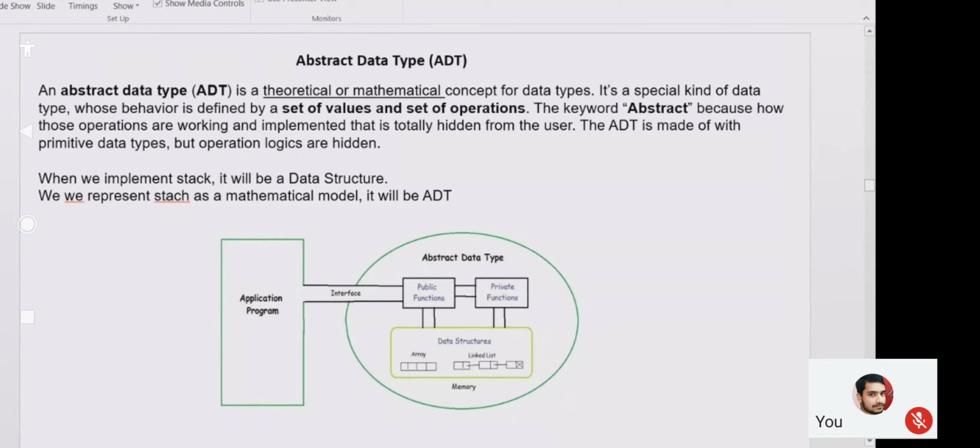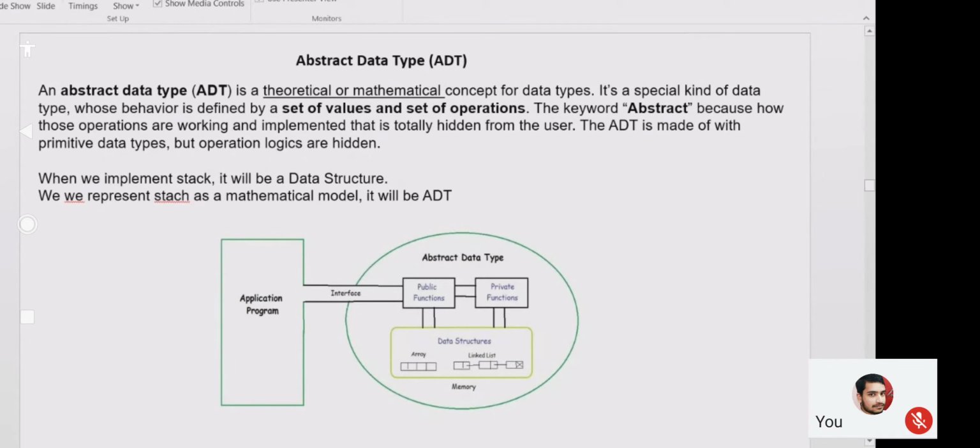So if a stack is implemented using an array, the operations push, pop, display, peep can all be implemented using an array, or they can be implemented using a linked list also. But how the operations are implemented is totally hidden from the user. That's why we can say ADT is a theoretical concept.